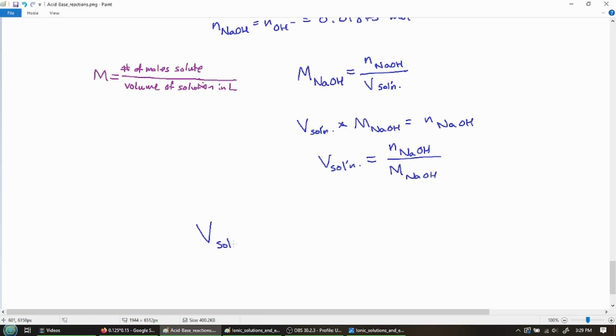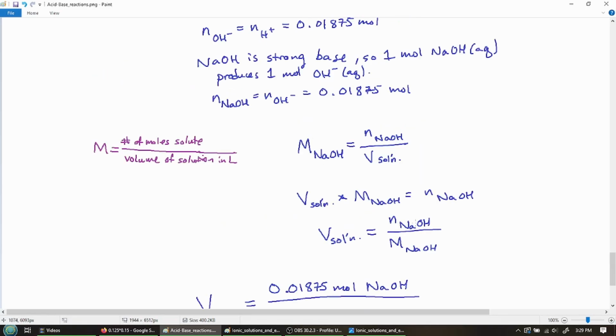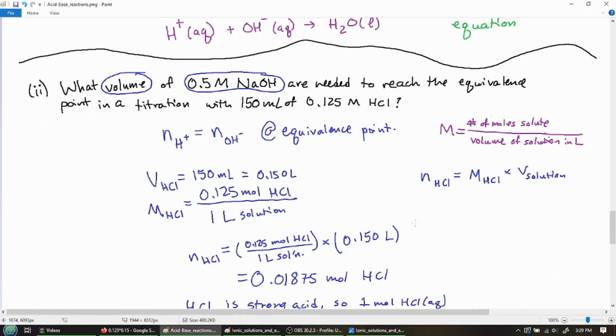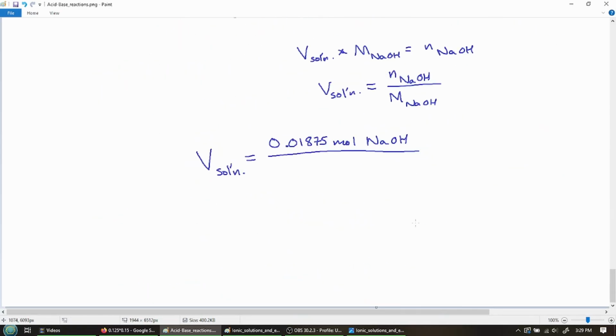The volume of the NaOH solution that would be needed is going to be equal to 0.01875 moles of NaOH divided by, and what's that concentration? Well, up here, that's going to be 0.5 molar. So this is going to be 0.5 moles NaOH per 1 liter solution.